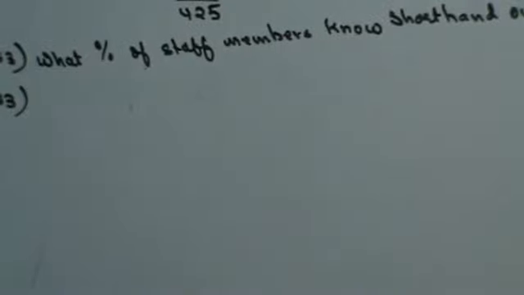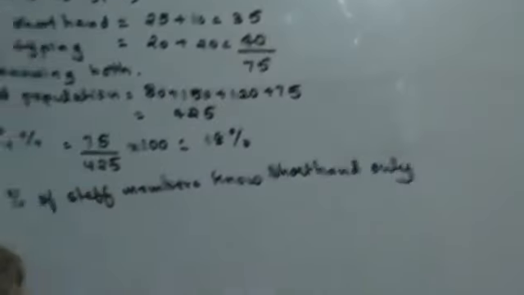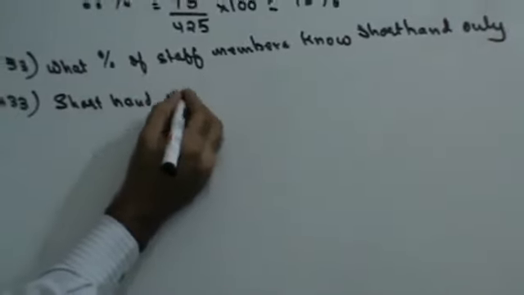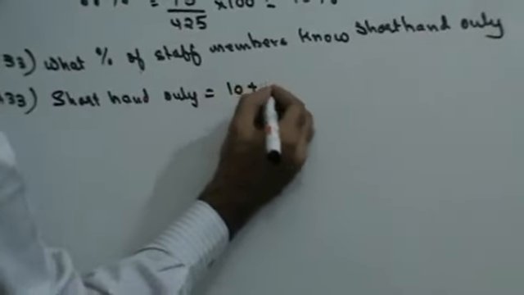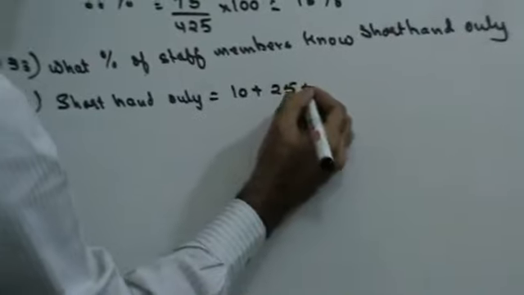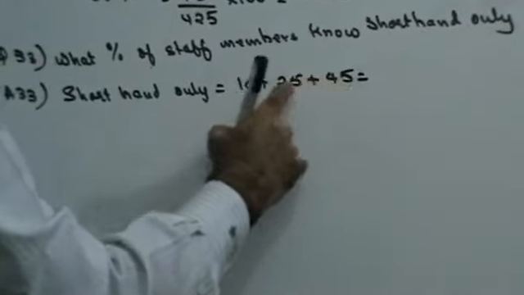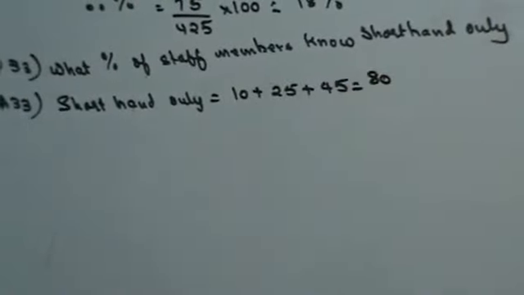Now, shorthand only, they have said the entire age group. So that means shorthand only is going to be, we found out, 10 plus 25 plus 45. 45, 50, 60, 70, 80.